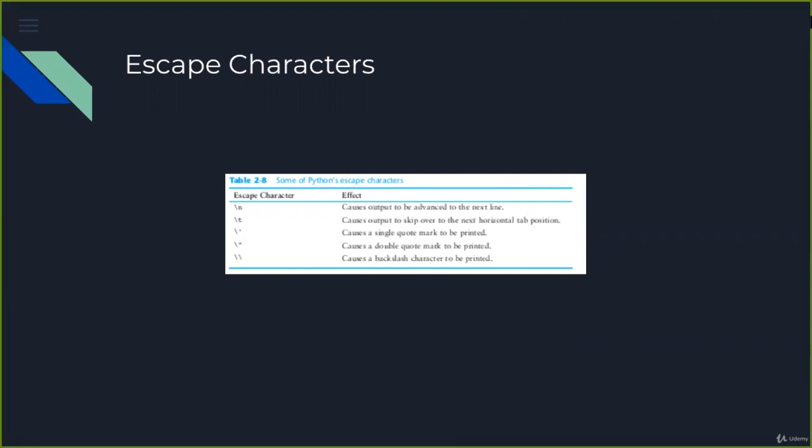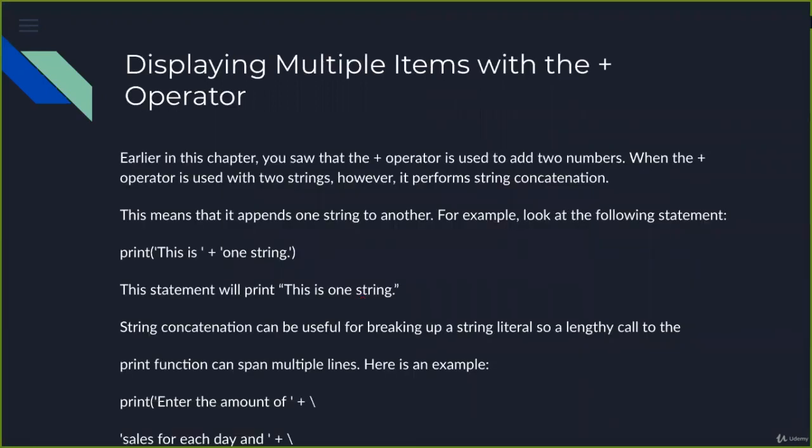Okay, let's move on. Now we have a concept called displaying multiple items with a plus operator. Now we had seen earlier that the plus operator is generally used in addition. Addition in pure mathematical terms means adding two numbers.